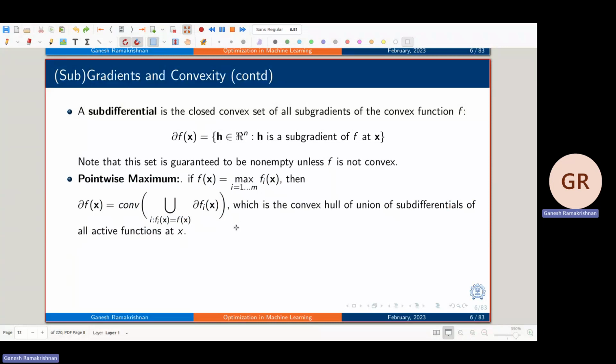It is basically the gradient of f1. In this space, what is the subdifferential of f? Gradient of f2, right? The problem is where they match, where the max coincide. So that's what we are doing here. We are saying fi x equals fx for all those indices, functions where the values match.